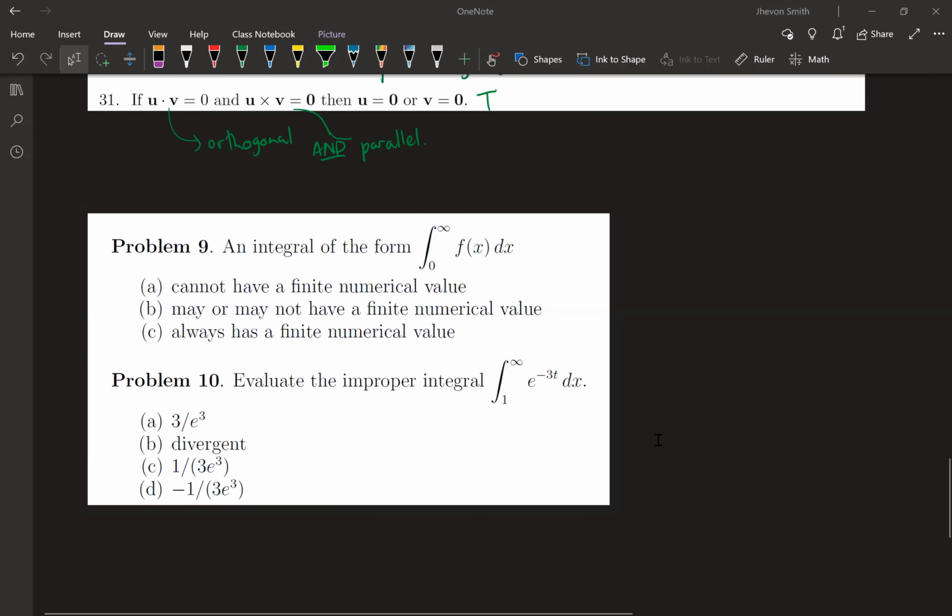I'll eventually get to limits. Let's do 9 and 10. I have some more samples here, but they actually indicate the answer. I don't want that.